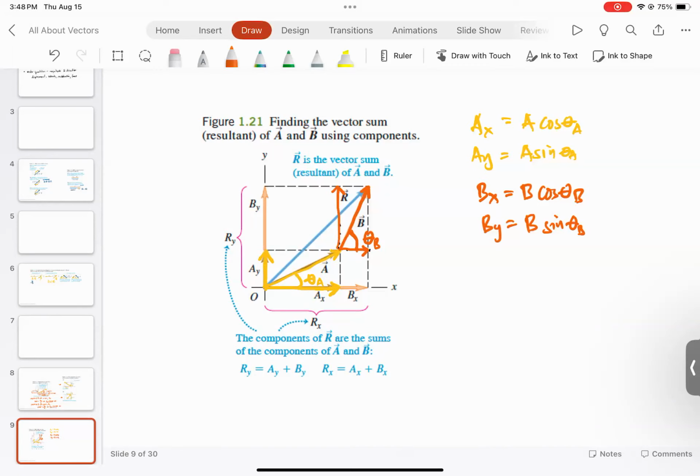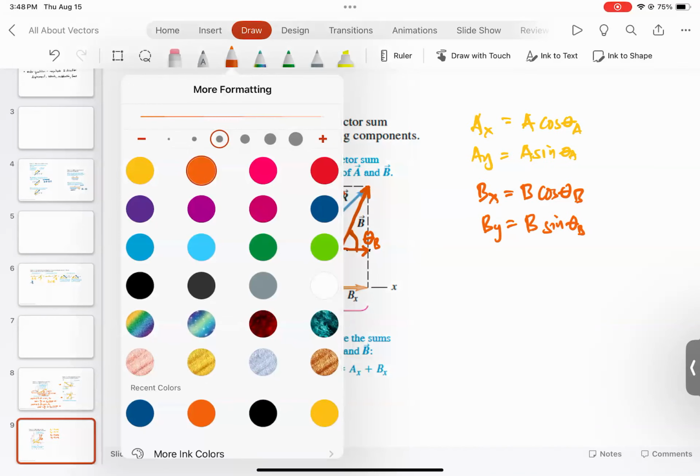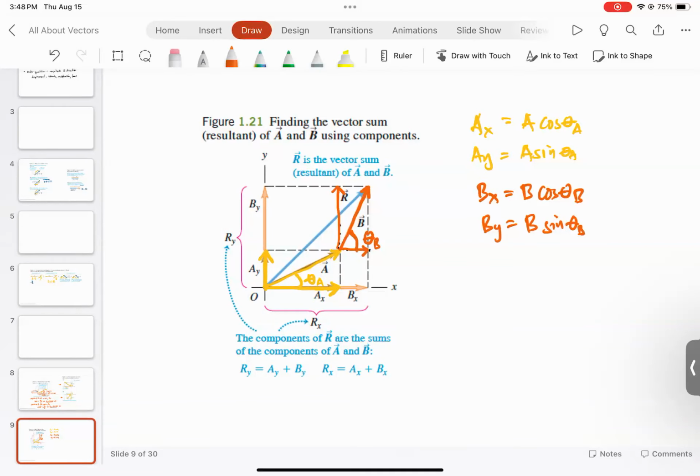Ang mangyayari ngayon is basically we're adding, kung ilalagay natin itong Bx na ito dito, itong Ax na ito at saka yung Bx na yan.